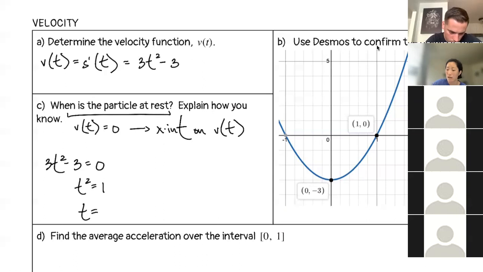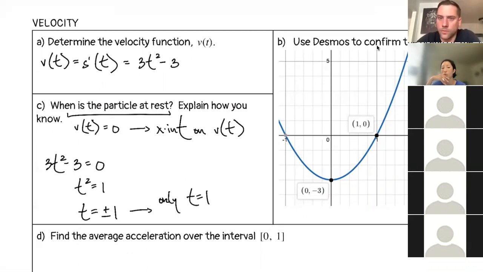I know I just said in response to the other one that of the 2 points, we only want one of them. But it's important to get in the habit of saying plus or minus and then saying only t equals 1. Taking that time to say, I know that a square root is plus or minus, but I also know when we're looking at velocity, we're starting from time equals 0, so I don't have to worry about the negative one.